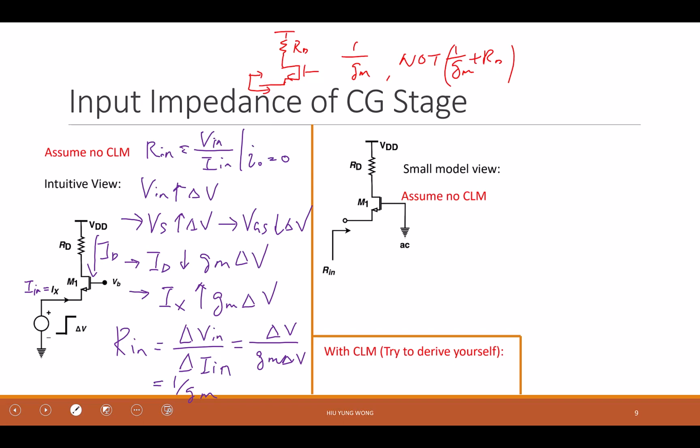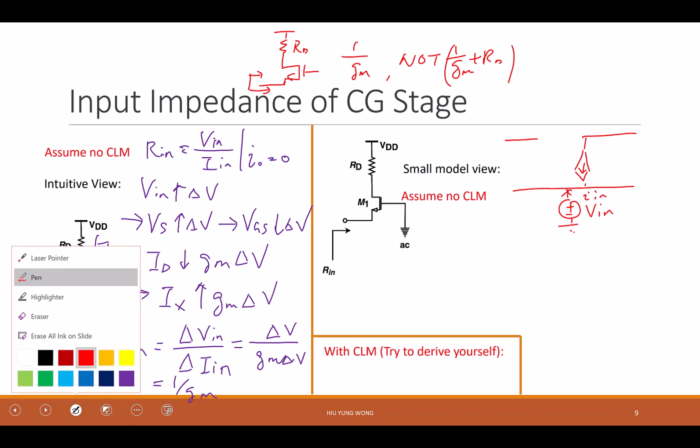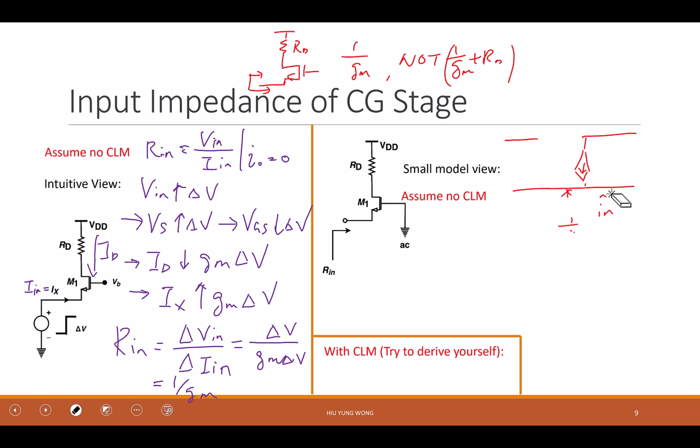So first of all, is it okay for this intuitive view, of how you get 1 over Gm? If it's okay, then let's go to the small signal to verify what we're talking about. Again, I draw the small signal circuit. I have V in, and what I care about is I in, right?